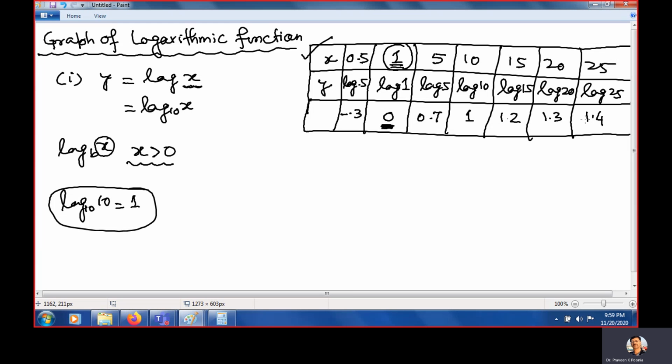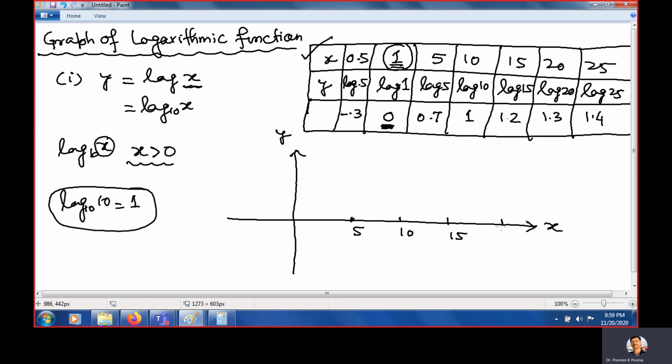So the first mission is to form the table, and after forming the table, the solution is simple. Here is x and here is y, and let us take 5, 10, 15, 20 and 25 in this way, and here we take 1 and here we take -1. At x equal to 1, the value is 0.